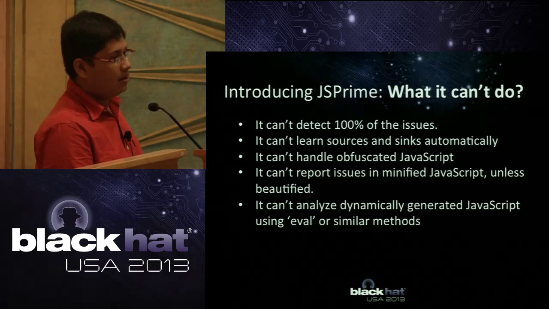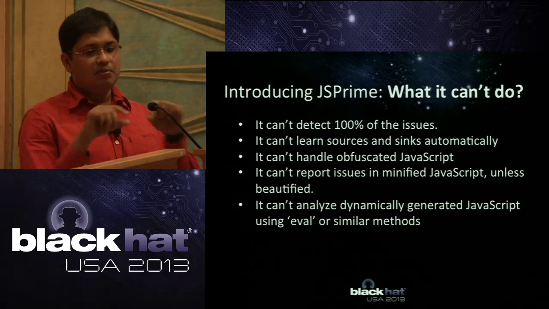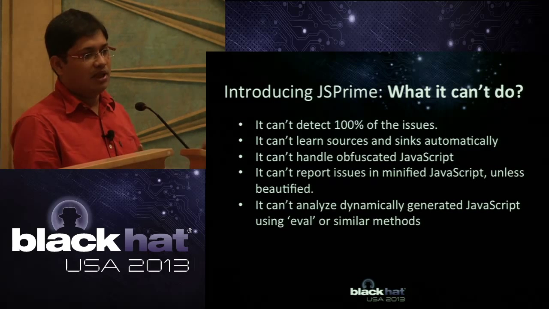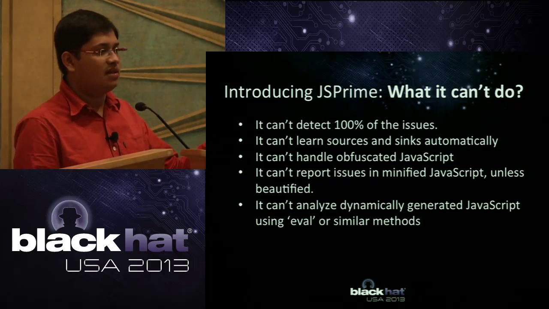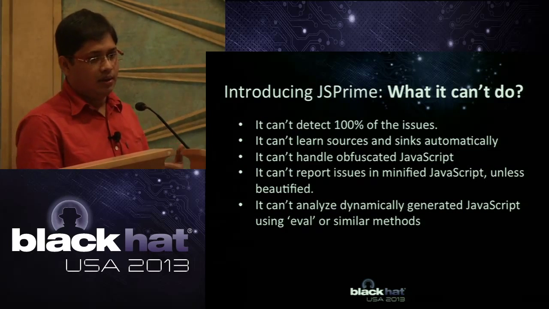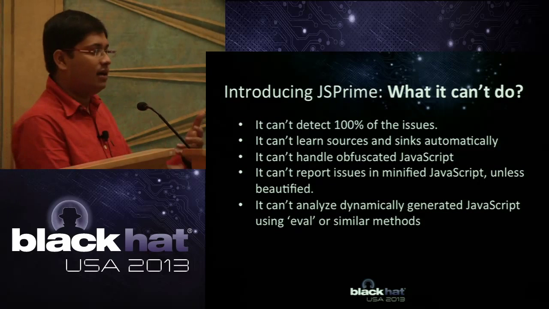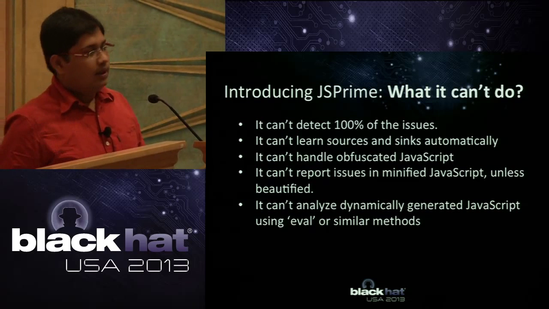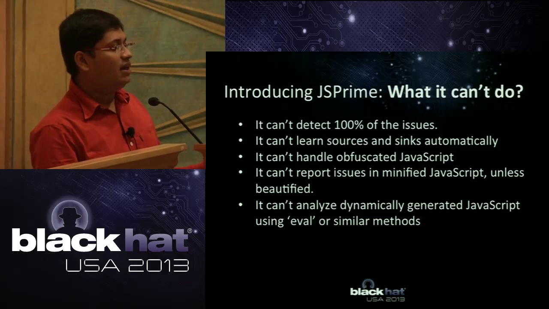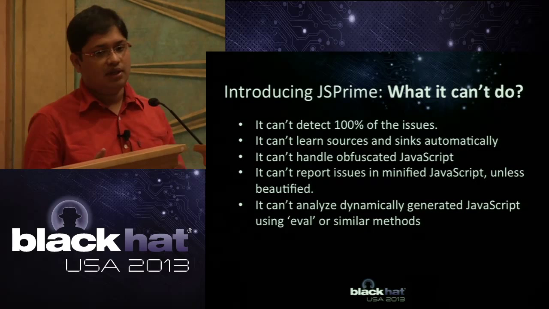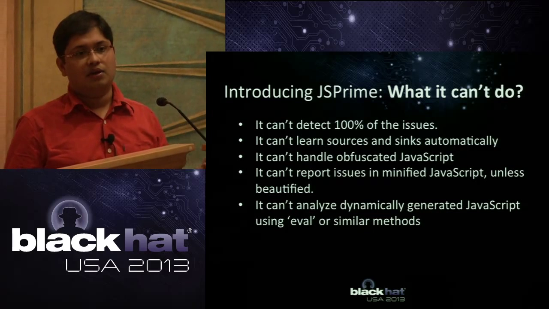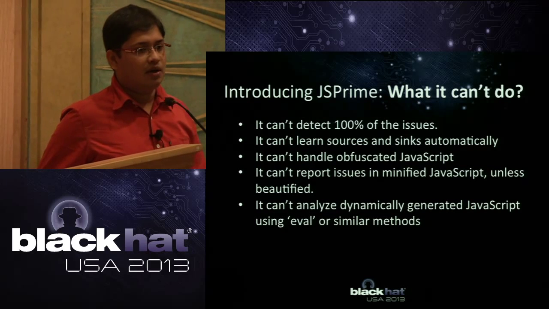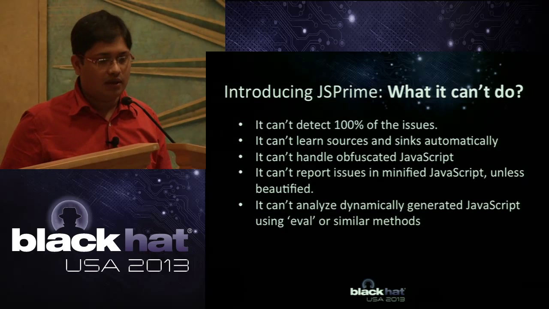It can analyze minified JavaScript, but since minified JavaScript is all in one line, it cannot actually report the issue, because it will just report that line 1 has a source and sink. So you need to beautify it so that you can understand the report. And it cannot analyze dynamically generated JavaScript using eval. If you are constructing JavaScript or executing JavaScript statements using eval, it's not possible in this version yet, but we are working on it.